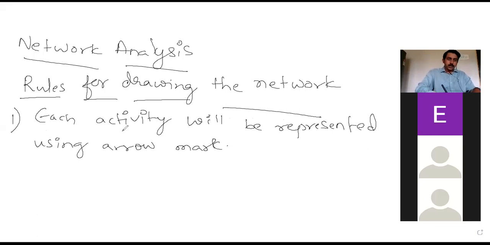Using only one arrow mark. So just write one arrow mark. It's only one arrow mark we are supposed to use in order to indicate or represent an activity. This is about the first guideline.